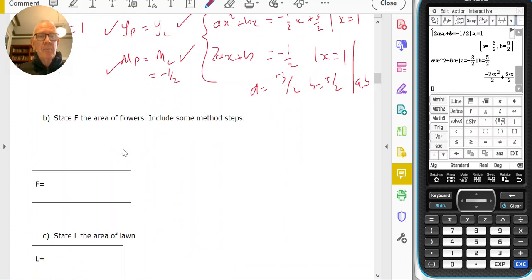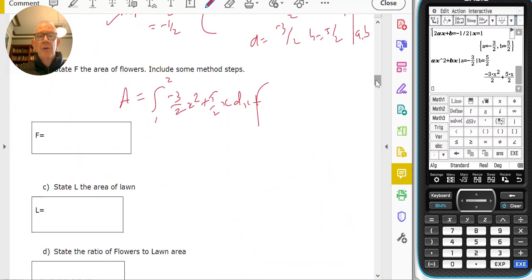So for the method mark, the area will equal the integral from 0 to 1 of negative 3 on 2 x squared plus 5 on 2 x dx, plus the integral from 1 to 3 of the straight line, negative a half x plus 3 on 2 dx, and that should give me the total area.